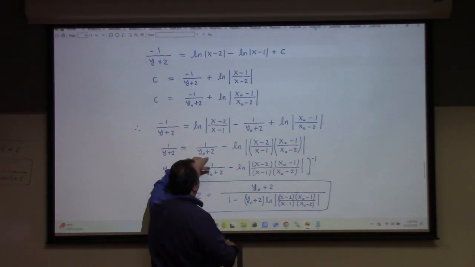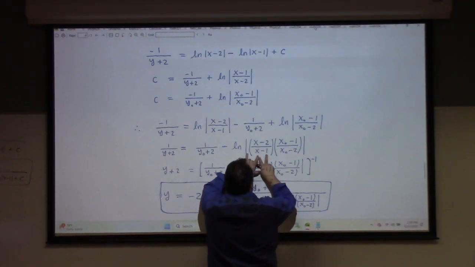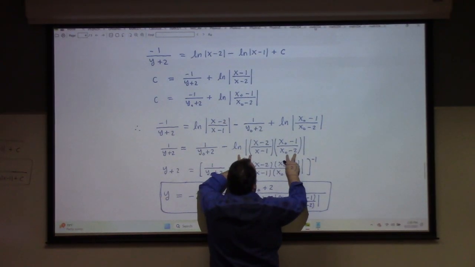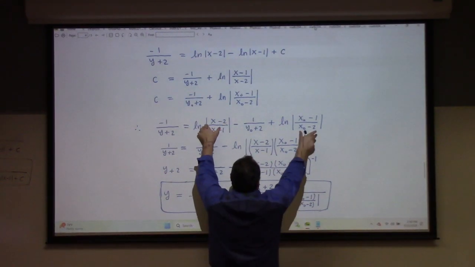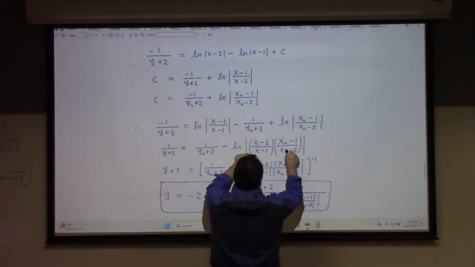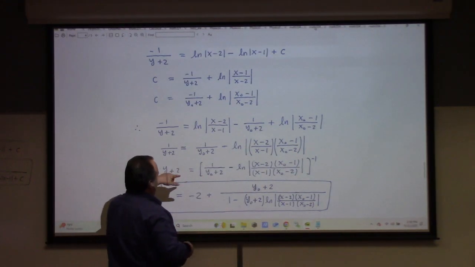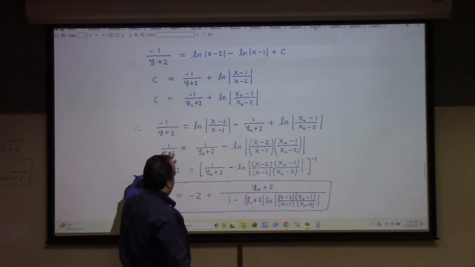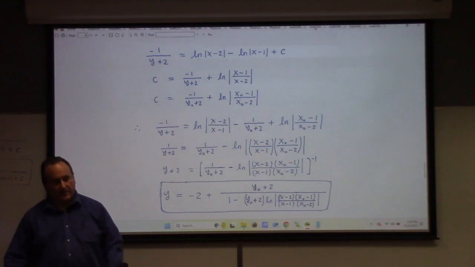And then if you notice this step right here, what am I doing? Log of a sum is the log of the product, right? So I took this addition of logs to a log of a multiple. And then I also put this out front, and then finally I reciprocated both sides, and that's it. That's all that happened there, okay?